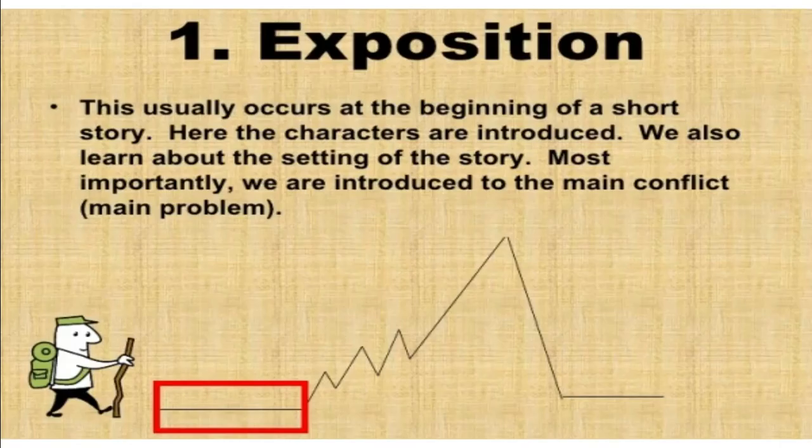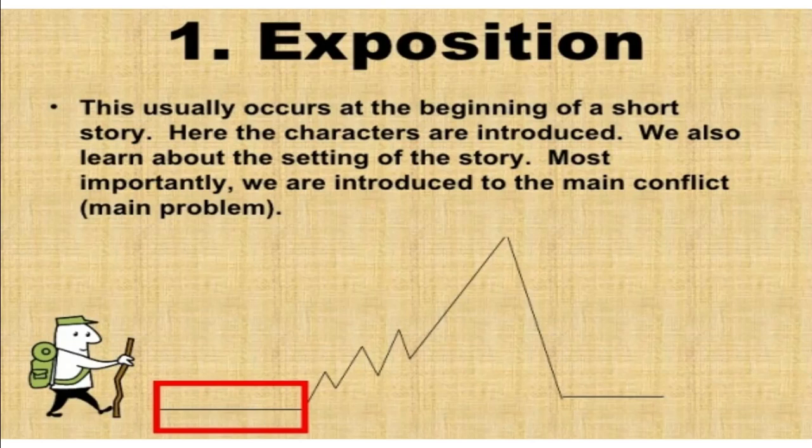So we have the exposition. The exposition is at the very beginning. We see our hiker guy there, right there at the beginning. And it says this usually occurs at the beginning of a short story. So at a short story, even your chapter book, it's the exposition. The characters are introduced. We find out who's taking part in the action. We learn about the setting. And most importantly, the author gives us information about the main conflict.